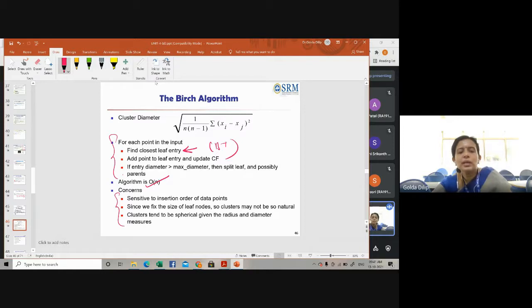In case the diameter is larger than the threshold value, the maximum diameter, the leaf will be split, and possibly the parents, the associated nodes, also will get split. The size is determined by the threshold value, and how the insertion and splitting happen is the same as in a B plus tree. The same thing happens here in the Birch algorithm. So that's what your Birch algorithm is all about.